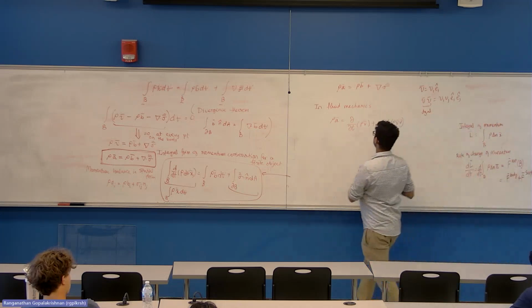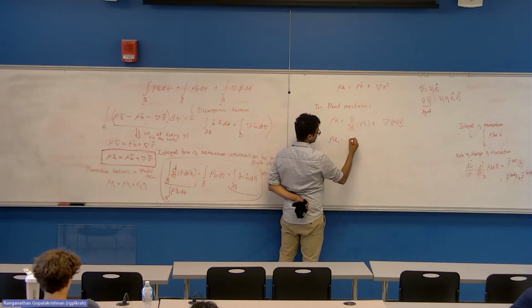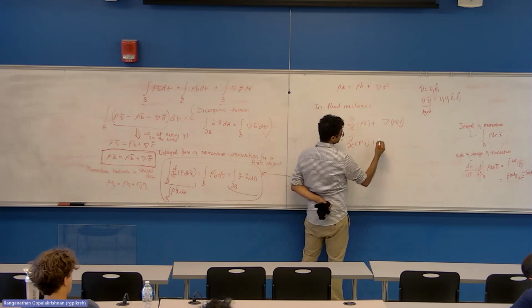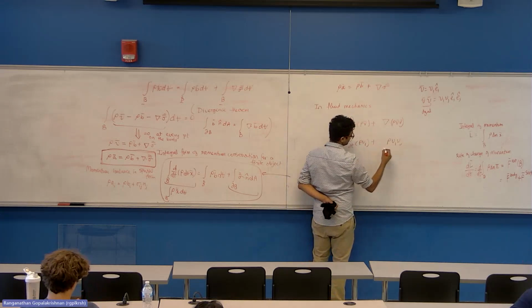So what is the index notation of this? This is rho AI equal to the partial derivative of rho VI plus the divergence of rho VI Vj.